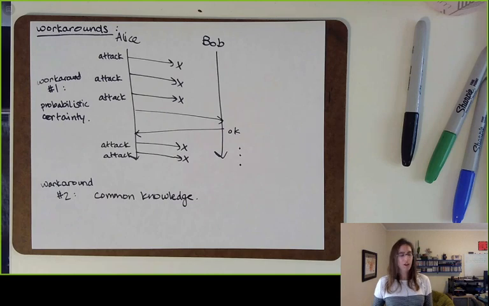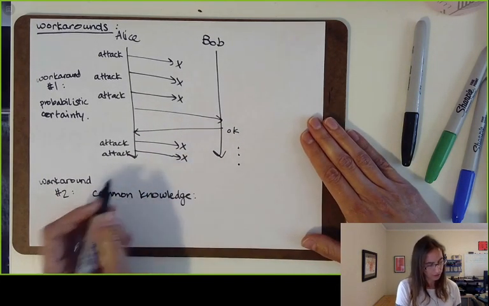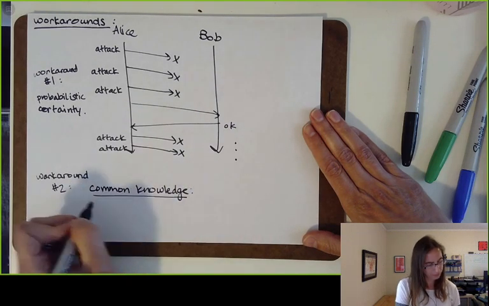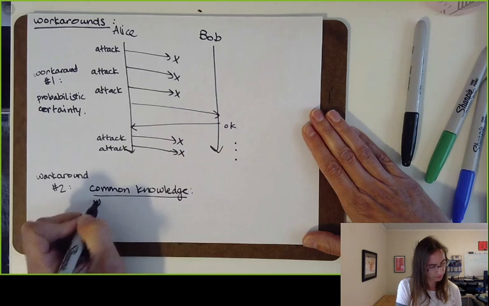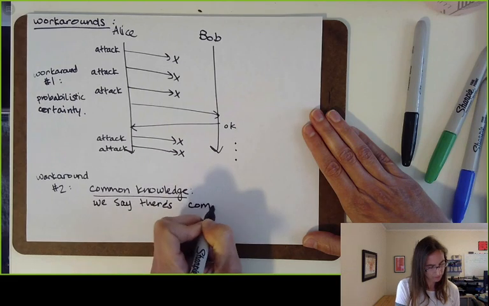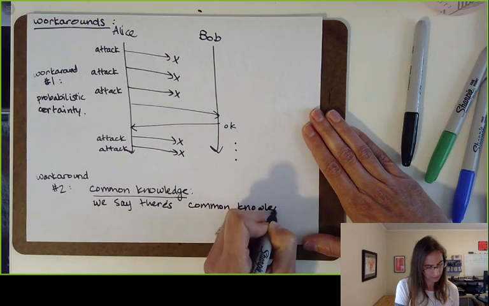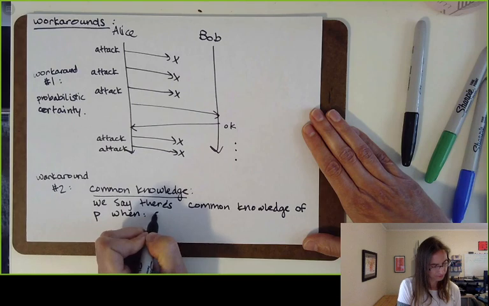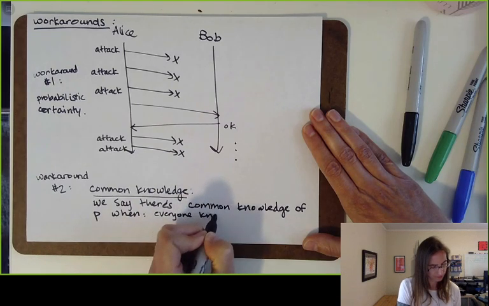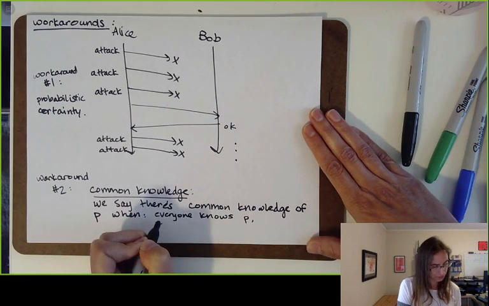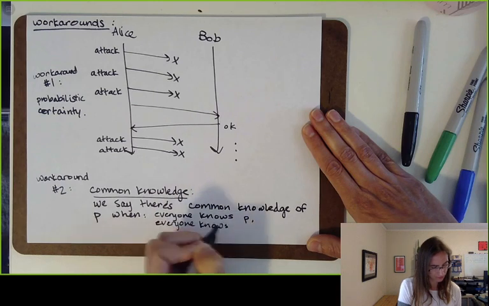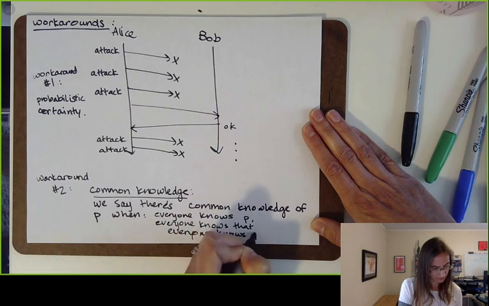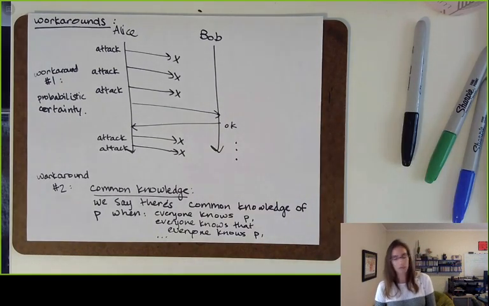So we say that there's common knowledge of P when everyone knows P, everyone knows that everyone knows P, and so on infinitely. Everyone knows that everyone knows that everyone knows P.